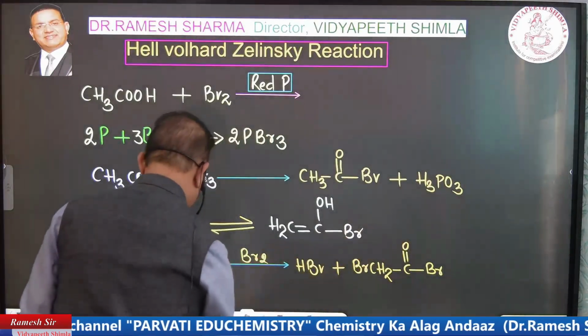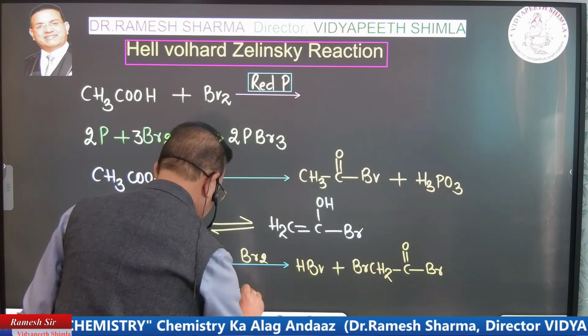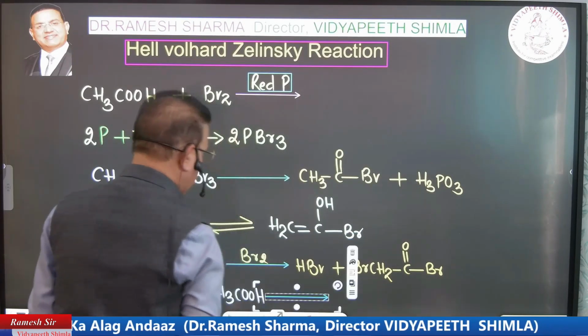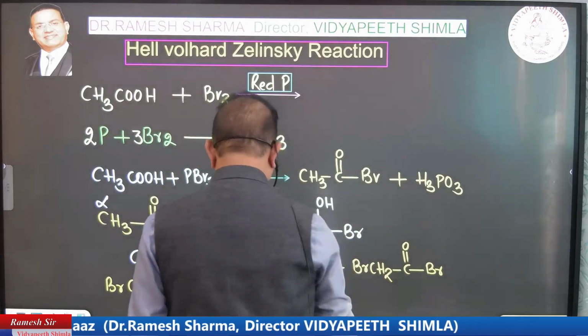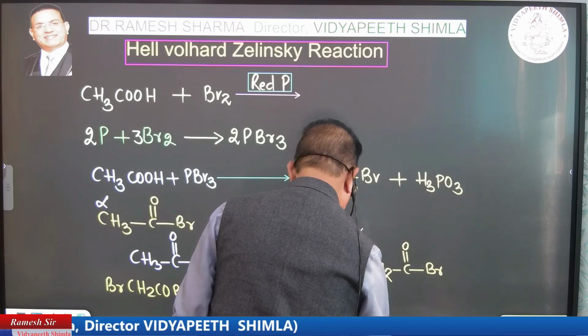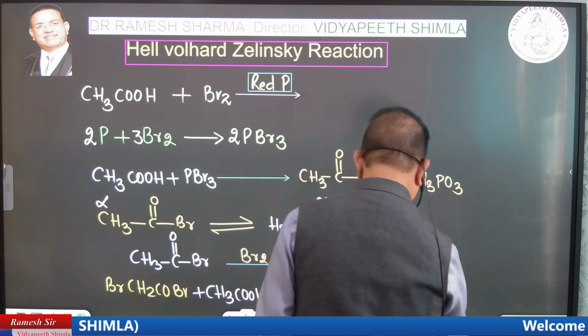is then treated with acetic acid 1 more mole, where the alpha hydrogen replacement by Br becomes easier.